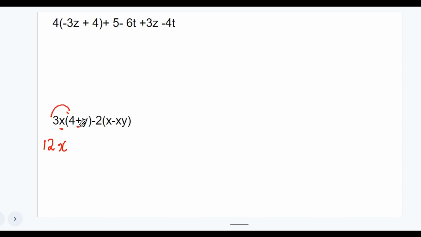Okay, the next one is plus y. Plus y, that means 3x times y. What we need to do, 3 times 1 is 3, okay, and x times y will give you just x and y, because they cannot be multiplied with each other. They have different units.